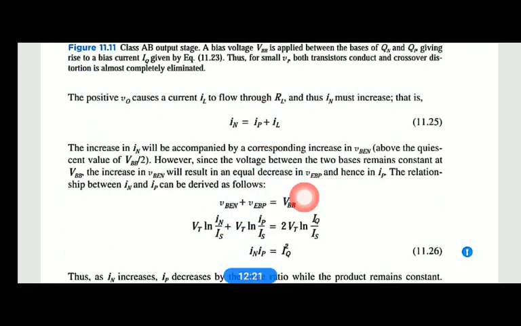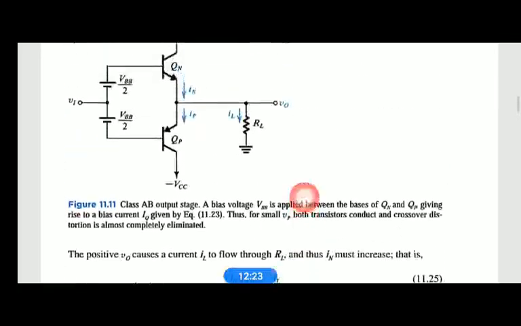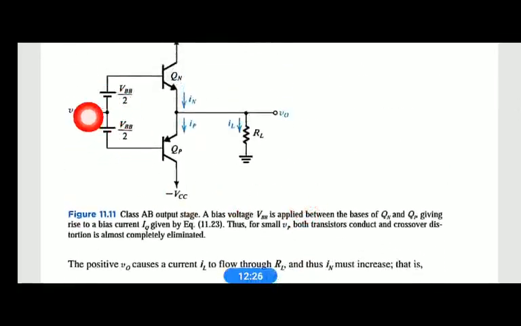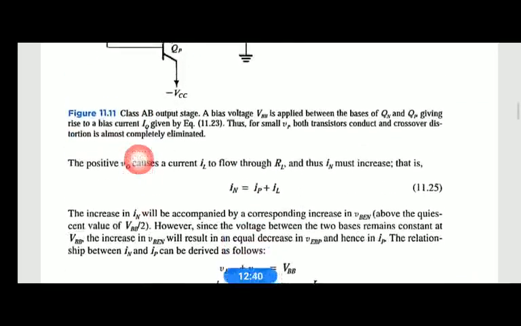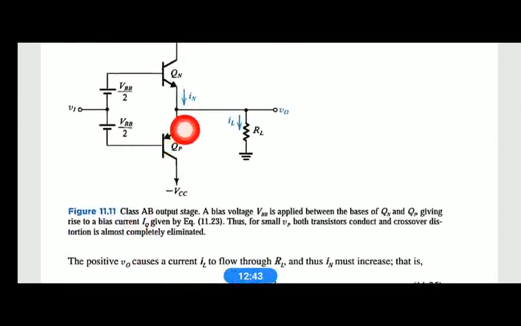Further, if you observe the above circuit, one more thing you can clearly observe: when this voltage is increased, the voltage at this point, the base of QP, is also increased. When the base of QP is increased, it is actually the VEB that matters, because you see the direction of current is from emitter to base, plus here and minus here. If this base voltage is increased, definitely the voltage VEB is decreased.